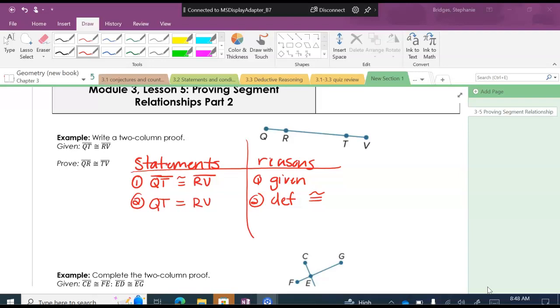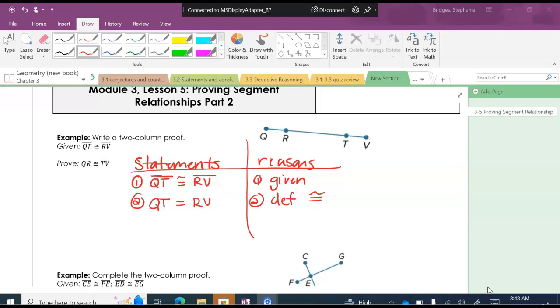Well, it is equal to RV, but we already said that. VR and RV are the same. So yes, but what else could I say about this segment? Forget this piece. What else could I say about QT? Oh, okay, QT, TQ, same thing.